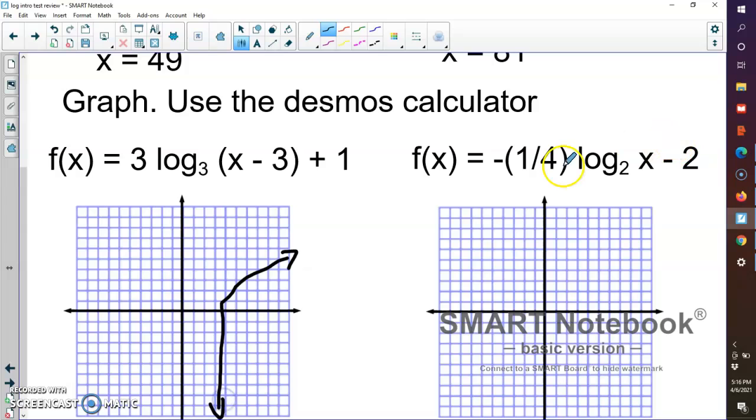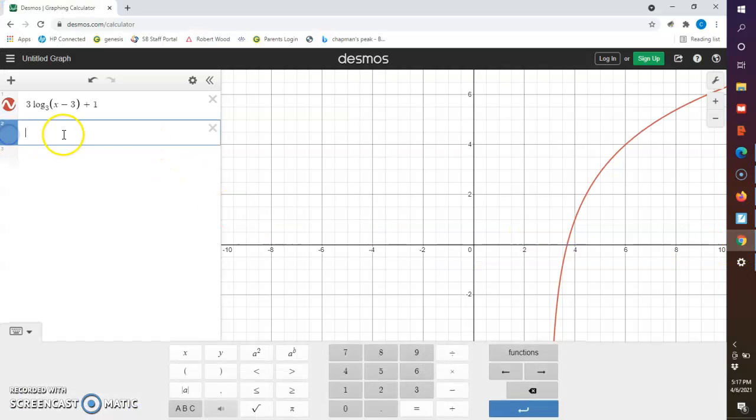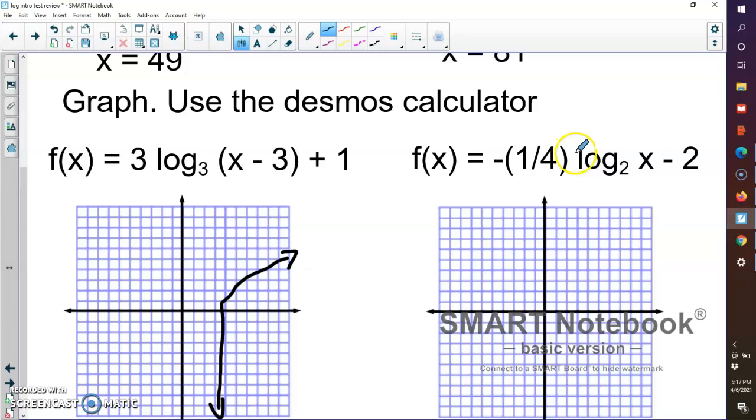Okay. The second one, we have negative 1/4 log base 2 of (x minus 2), and the parentheses matter here. All right, so I have 1/4, and I'm going to put a negative in front of that 1/4, because there's a negative right here.